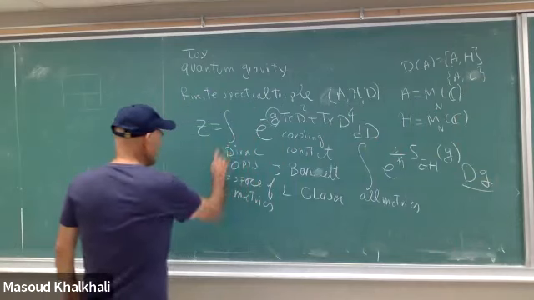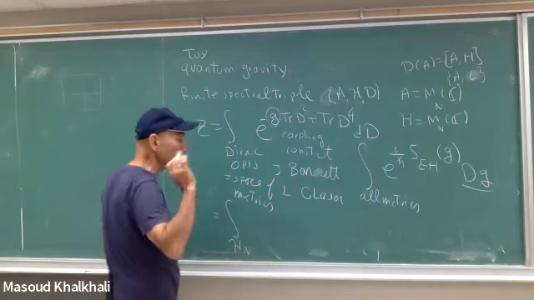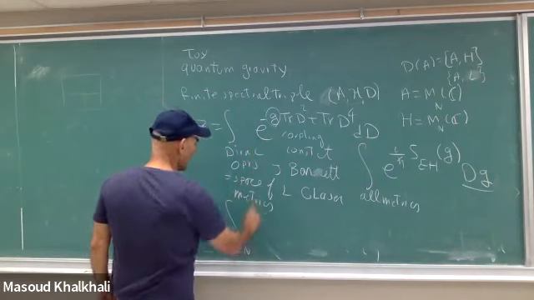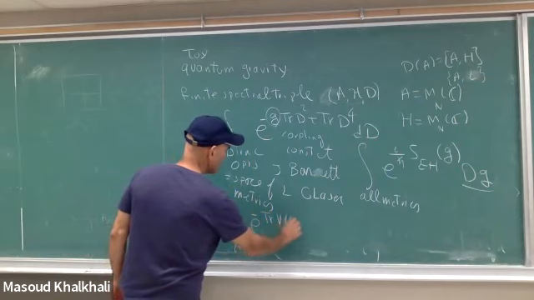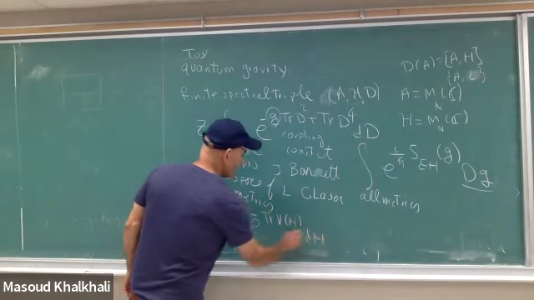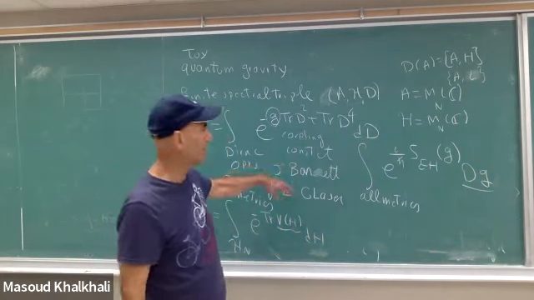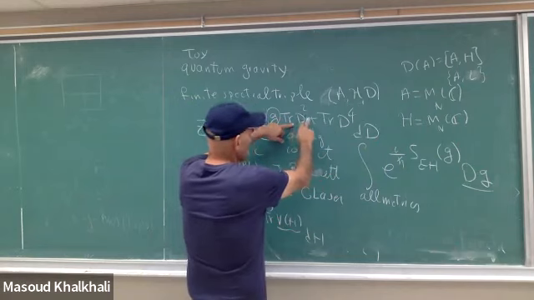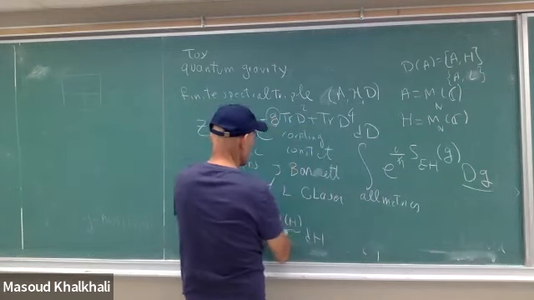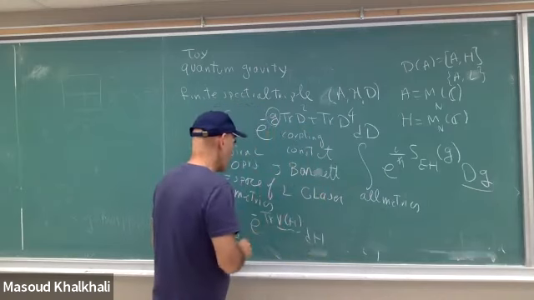So basically this integral, in the simplest case, can be written as something like minus trace of V of H. But this V is a very complicated potential. If you write everything in terms of the trace of the Dirac operator, in terms of the trace of a Hermitian matrix, then you get something much more complicated.